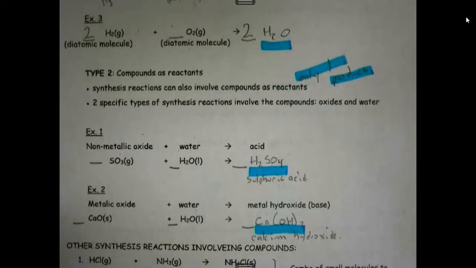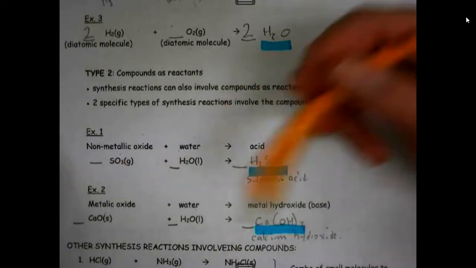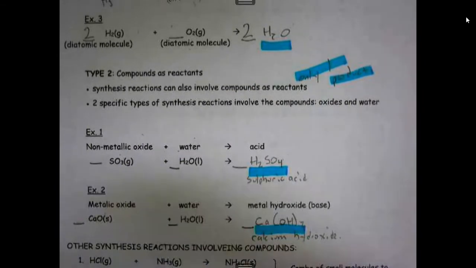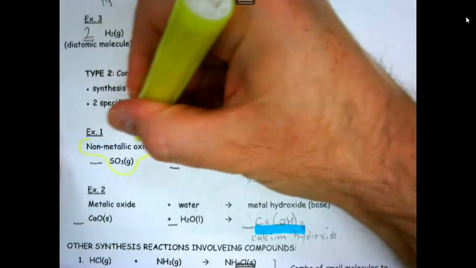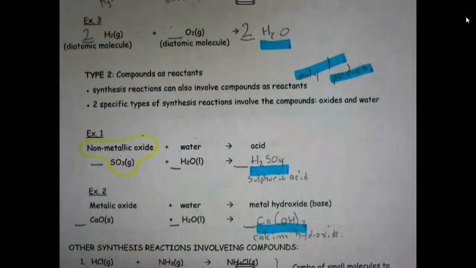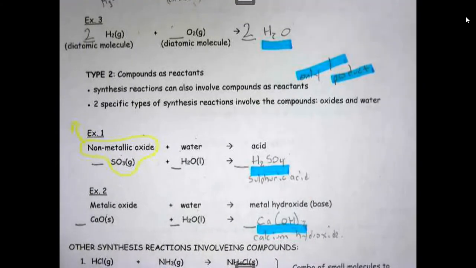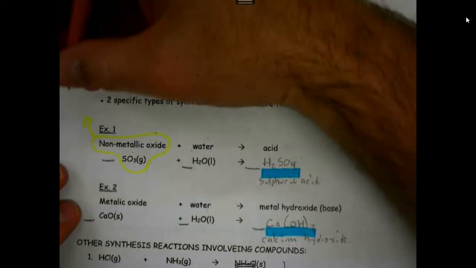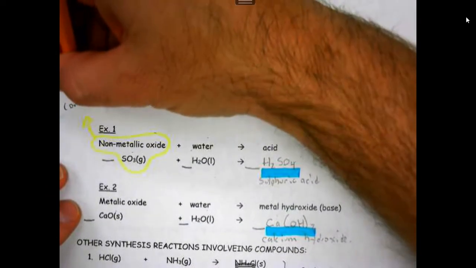Okay. Now, when you looked at this here, you notice that I used non-metal oxide combined with water forms an acid. Now, how could we produce this? And we already talked about this. This is one of our types of combustion, right?